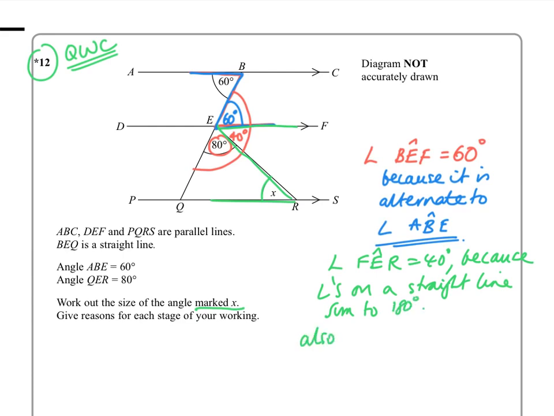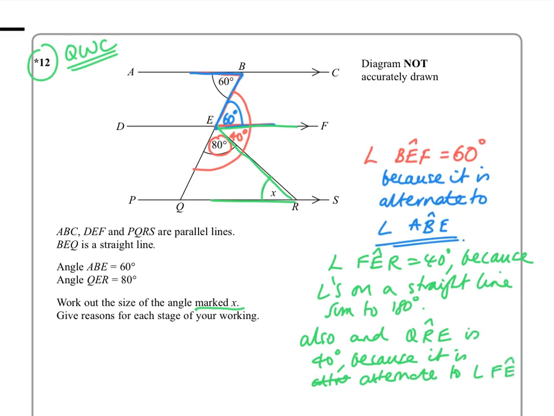Also, angle QRE is 40 degrees, because it is alternate to angle FER.